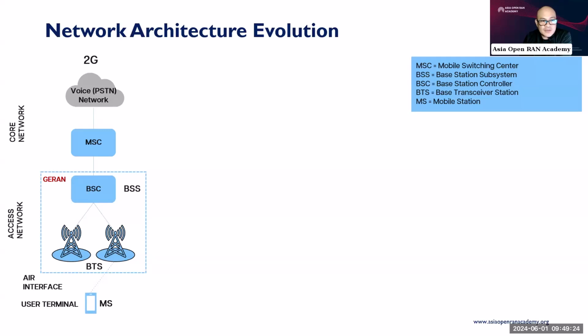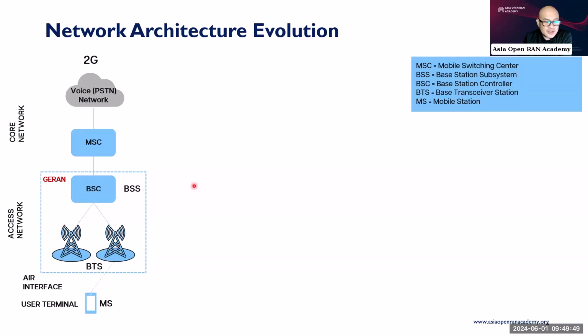So you have the mobile switching center, which handles the switching of the calls. And then you have the controller. This is the one mentioned in the previous session on the Open RAN deployment, that there is a controller, kasi meron pang 2G ngayon that handles the system of GSM.